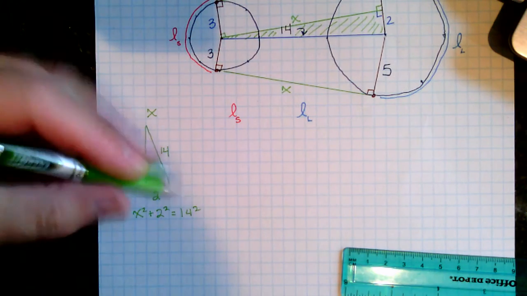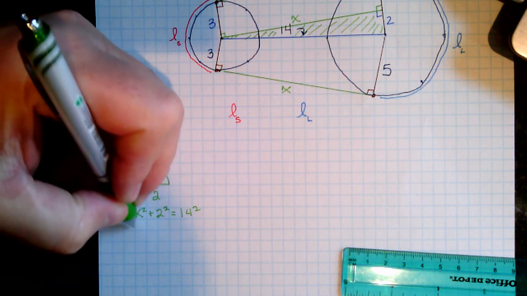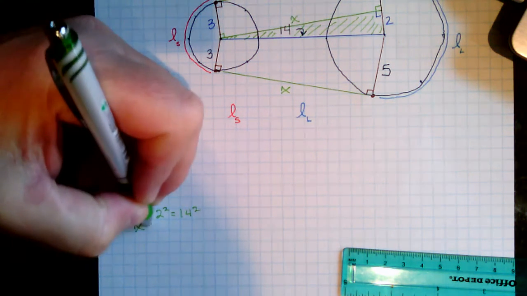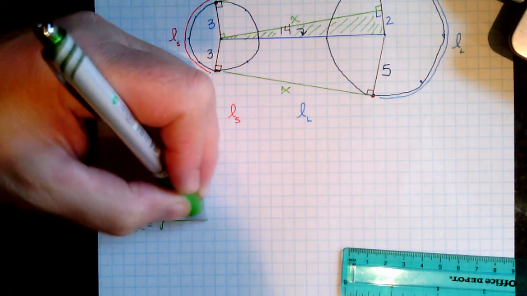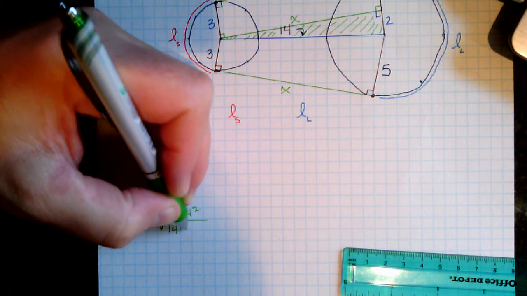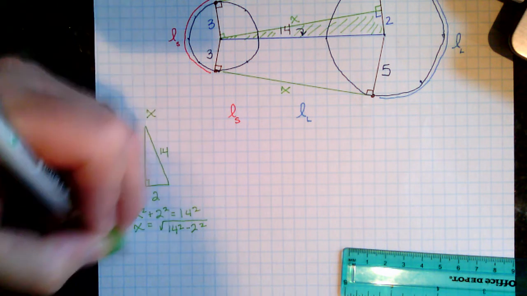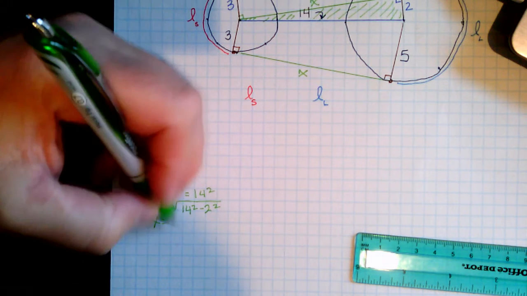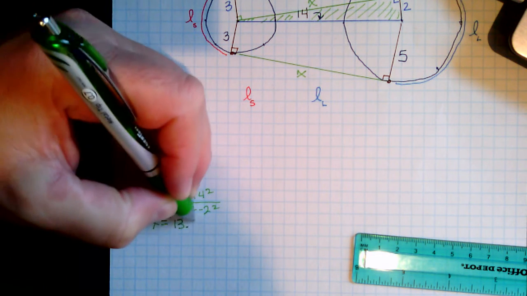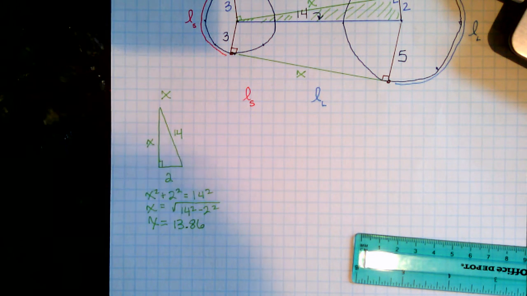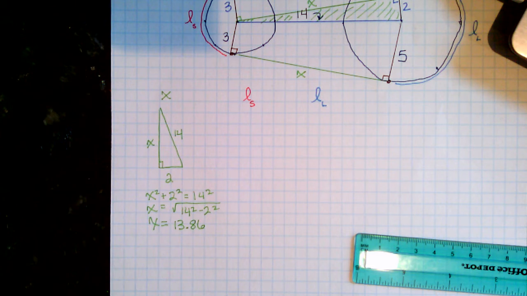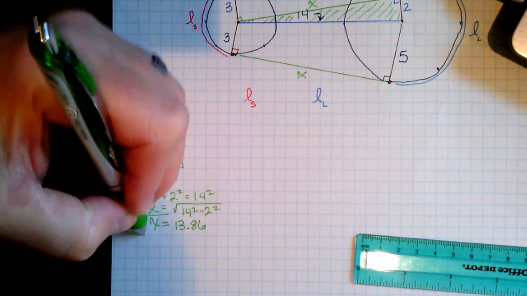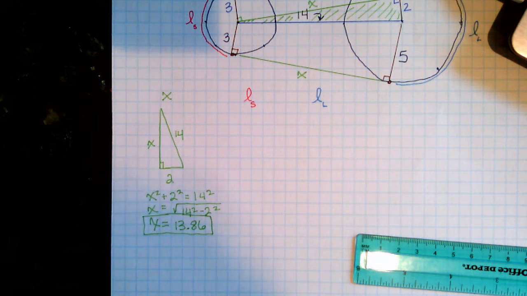If I jump to the second to the last step, x would be the square root of 14 squared minus 2 squared. So the value of x is 13.86. That's an important part of the process.